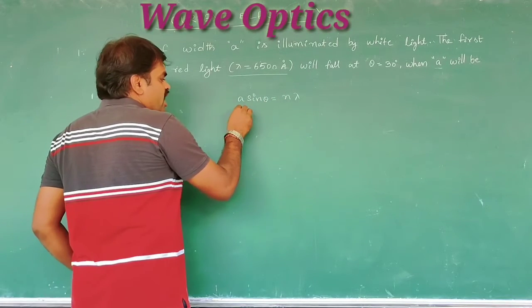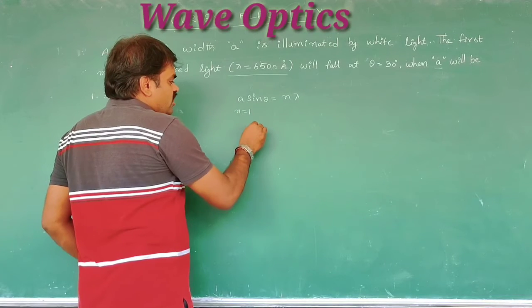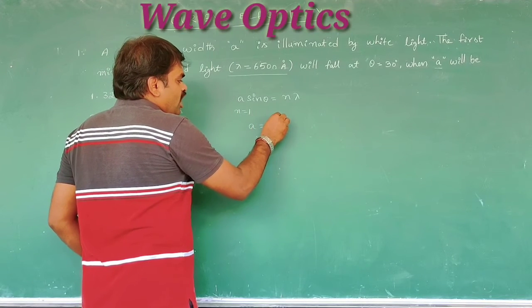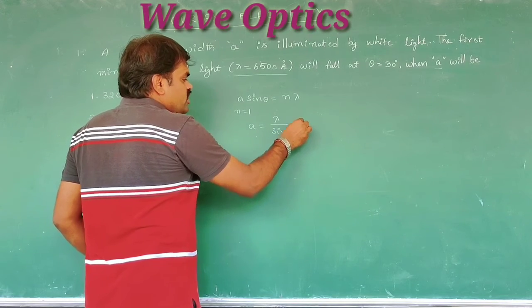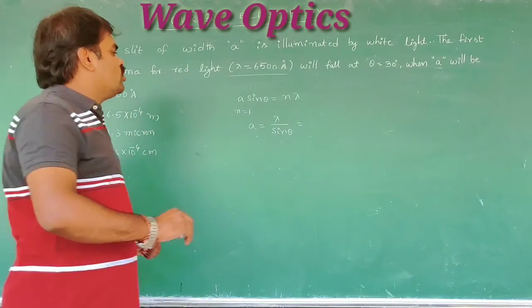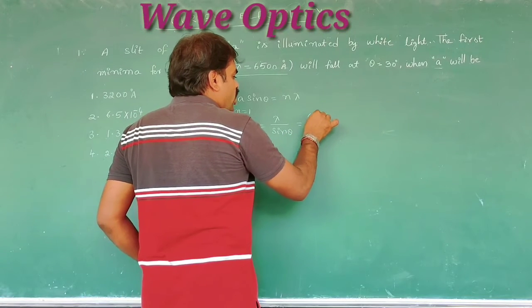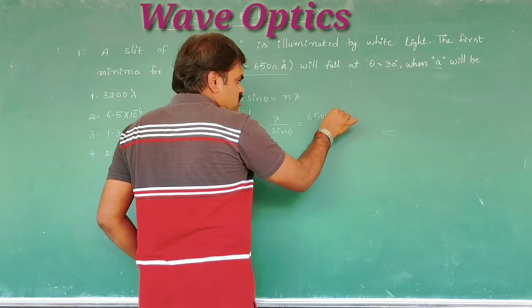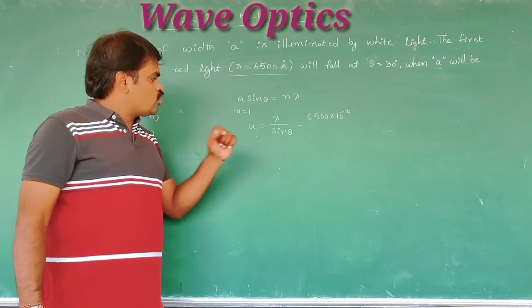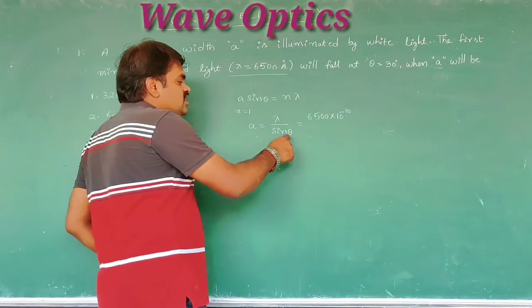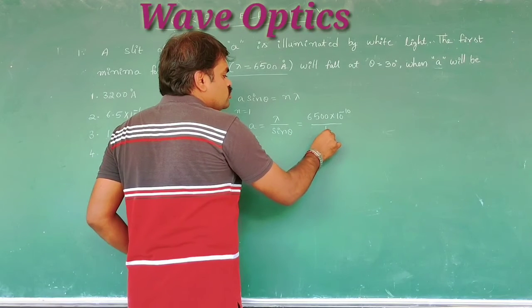First minimum means n is equal to 1. Then a is equal to lambda by sin theta. Then we substitute the lambda value, 6500 angstrom, which is 10 to the power of minus 10 meters. Now sin 30 value is 1 by 2.